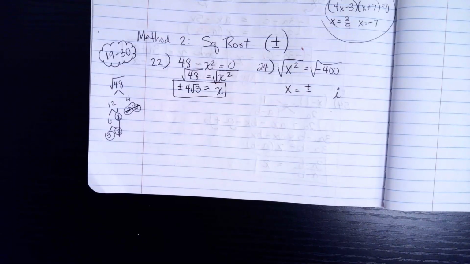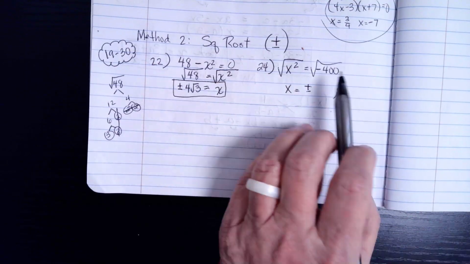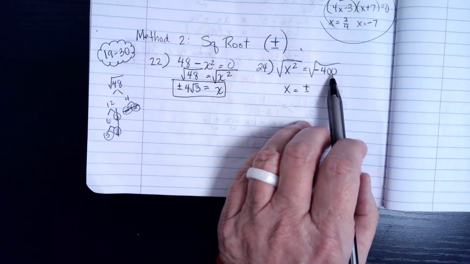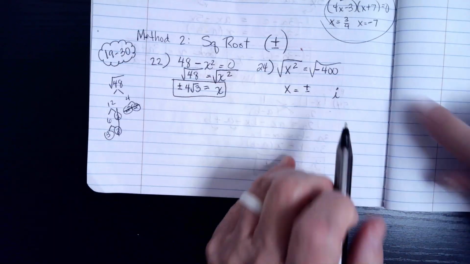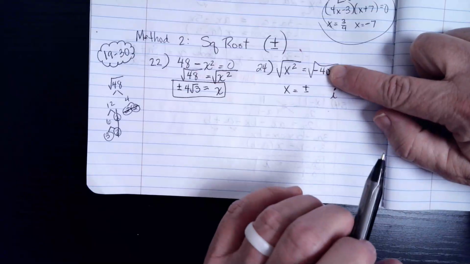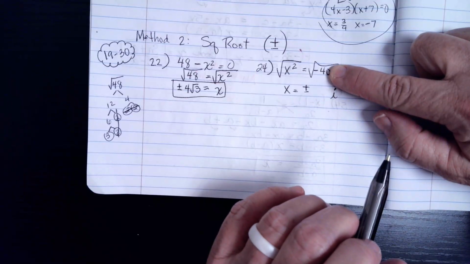Is 400 a perfect square? Did you have to memorize that number? Yes, it is. If it has 2 zeros on the end, is the number in front a perfect square? So what's the square root of 4?